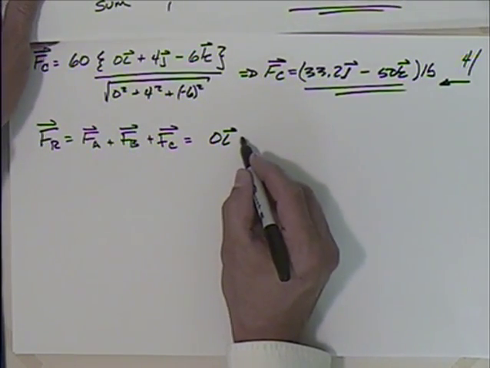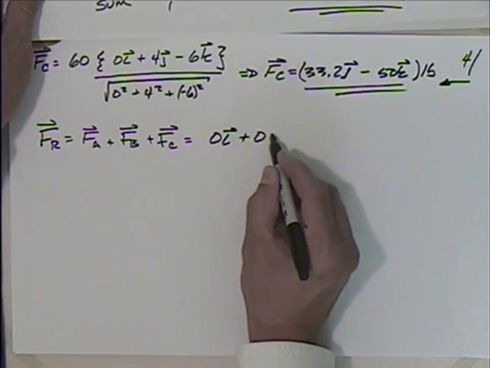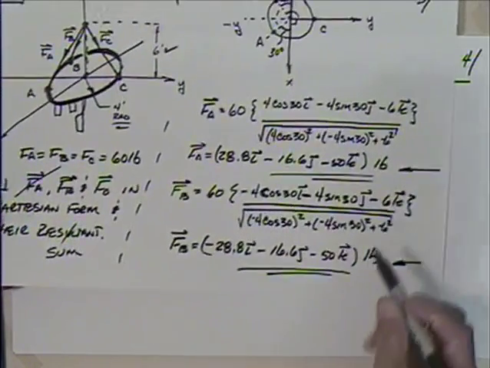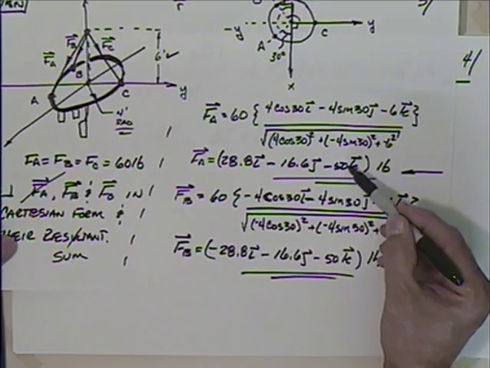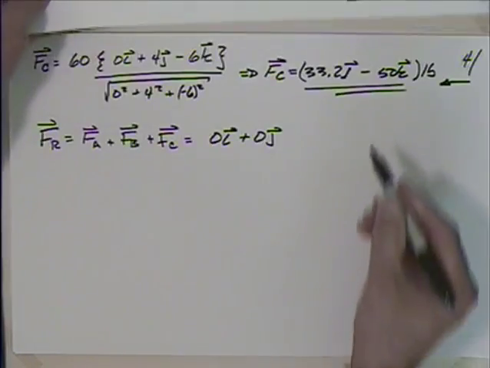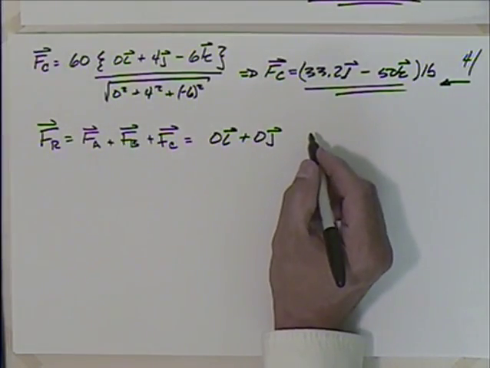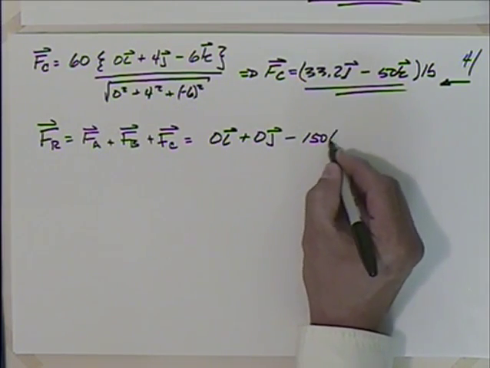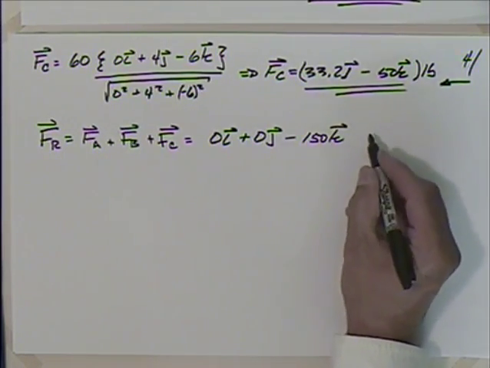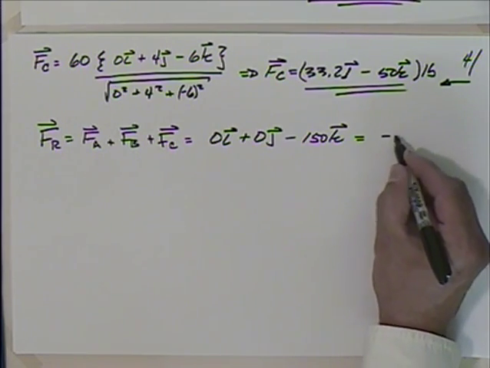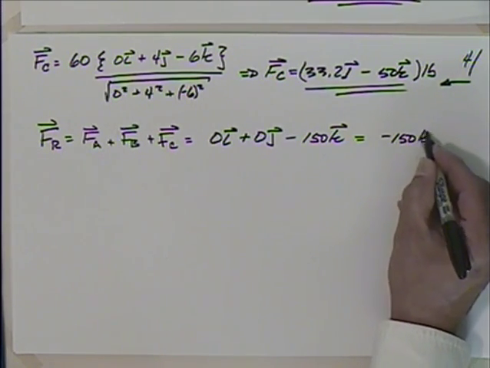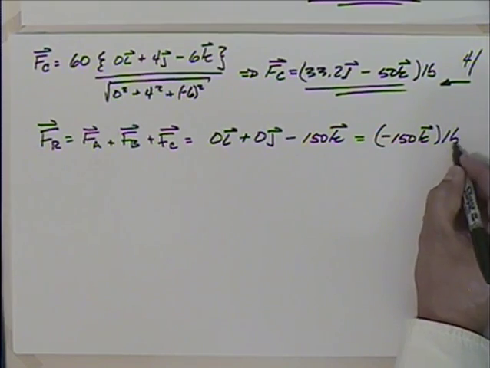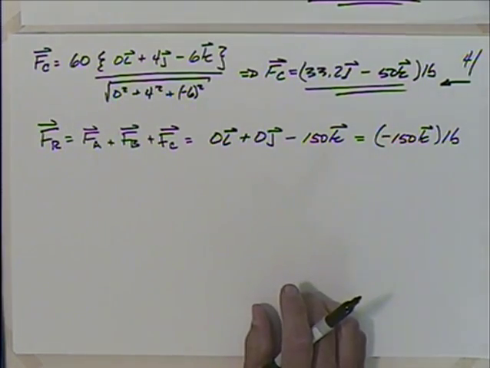That gives me all total 0 in the j direction. And then I have minus 50 and minus 50 and another minus 50. I'm going to have minus 150 in the k direction. So I could really just write this as minus 150 k, and that would be pounds.